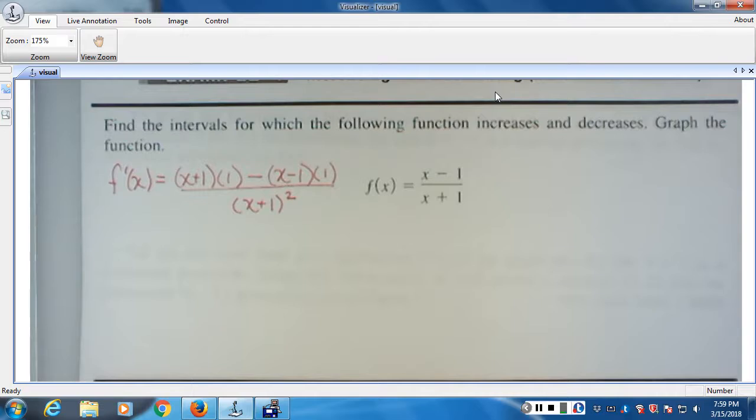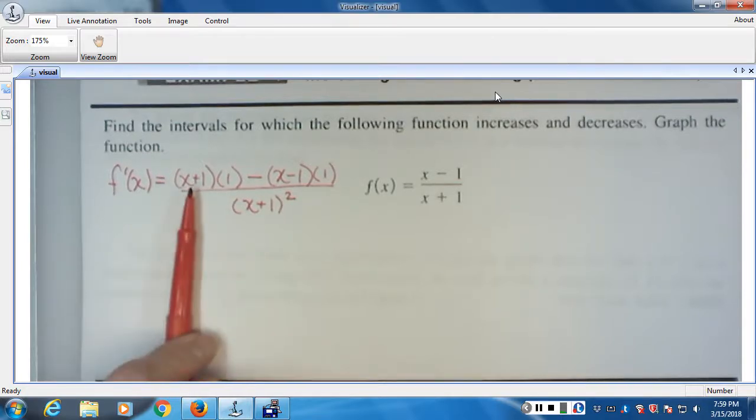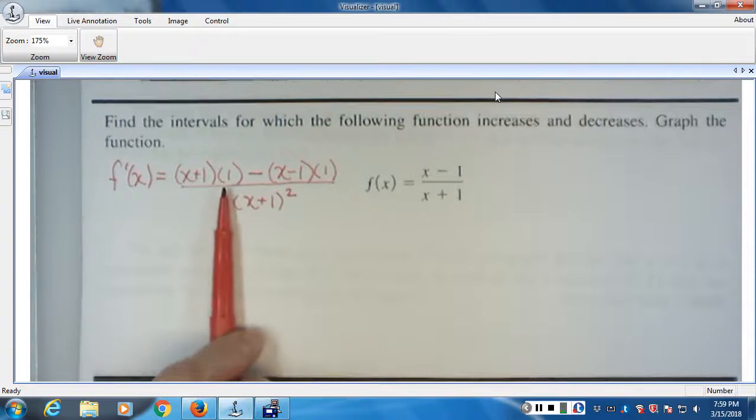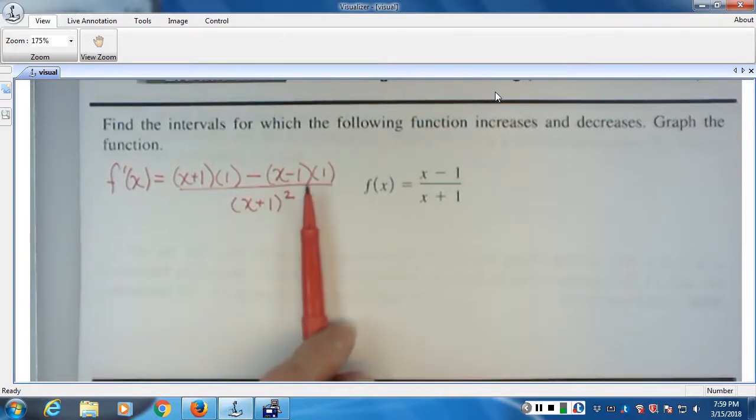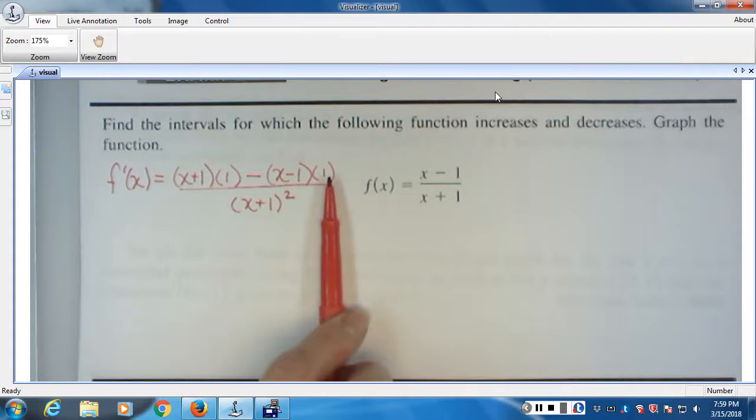Okay? Start with the denominator. Actually, the way I taught you to do it was start with the denominator of the derivative and square the denominator of what you had originally. Then take that same thing and put it in the numerator and multiply it by the derivative of the numerator. And then subtract the original numerator times the derivative of the denominator. Okay?